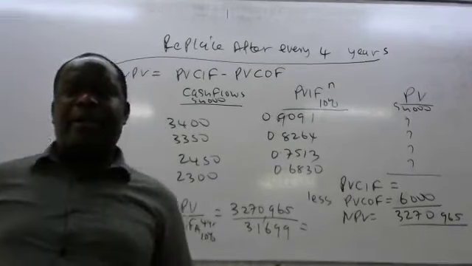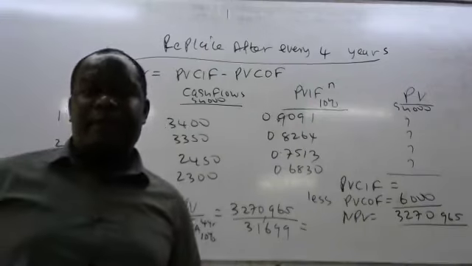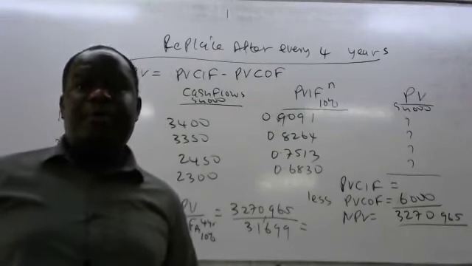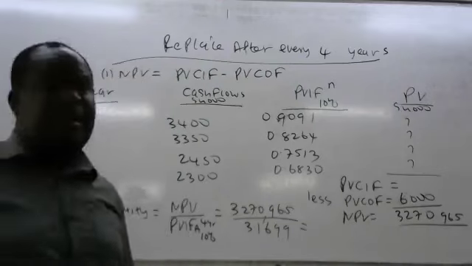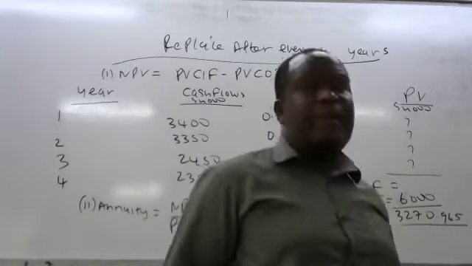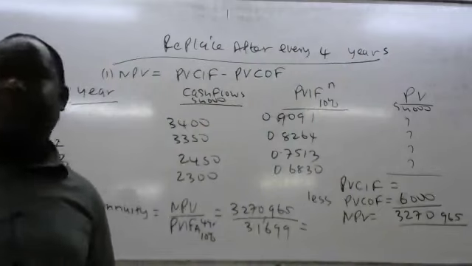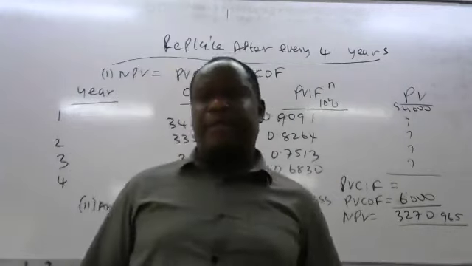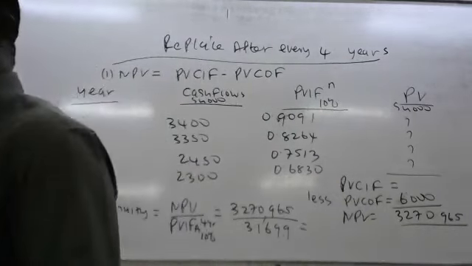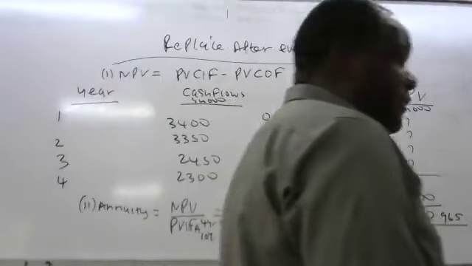So now we can make a conclusion by summarizing that the optimal replacement period is where the annuity is maximum. Therefore, replace after every 2 years.